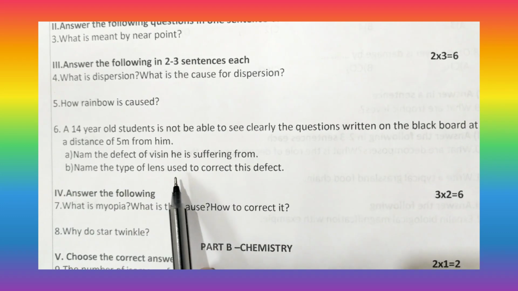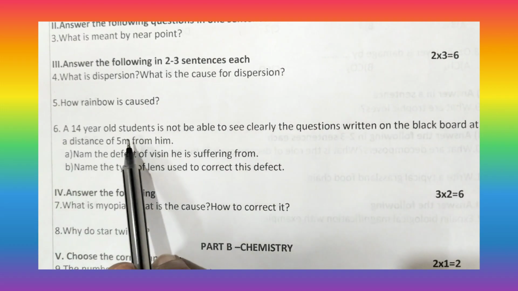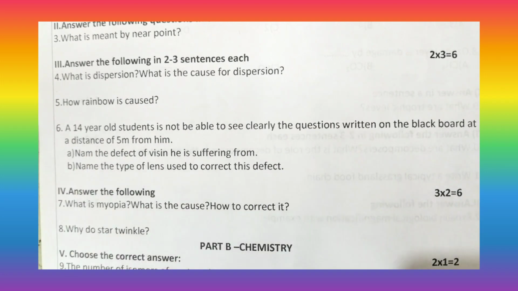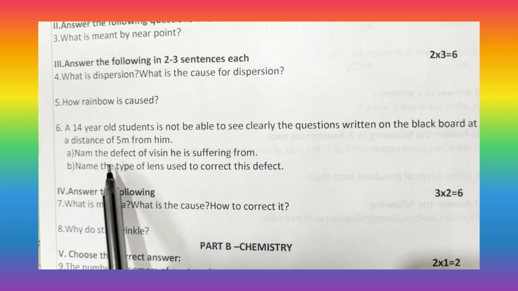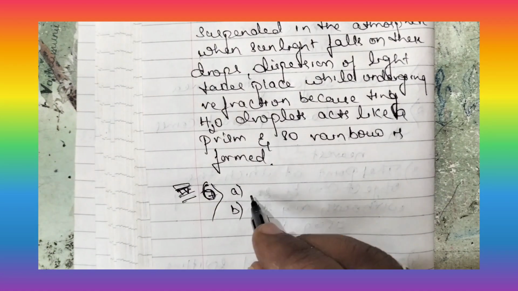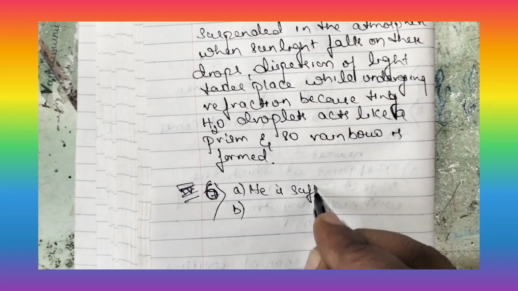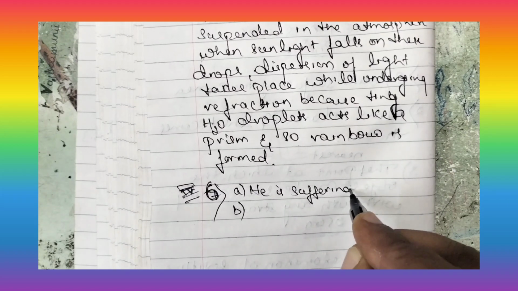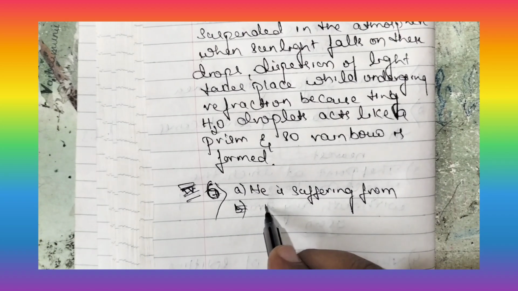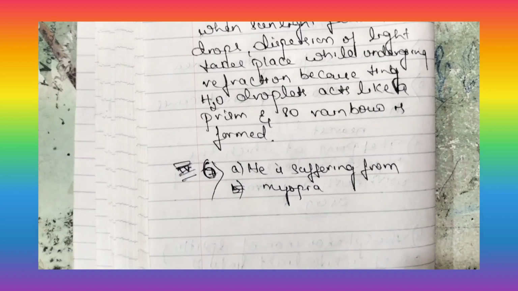Name the type of lens used to correct this defect. So now a 14-year-old student is not able to... So for this question, the first one is, name the defect of vision he is suffering from. So he is suffering from an eye disease called myopia.